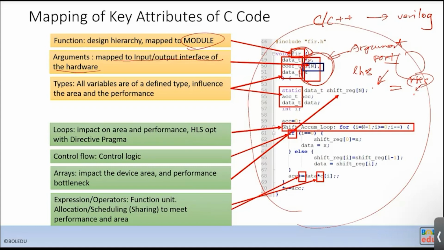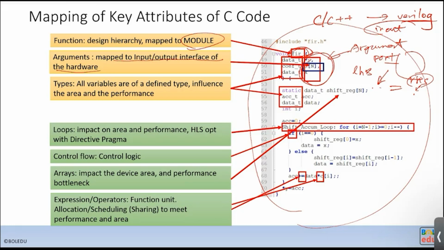If I use it on both the right-hand side and left-hand side, then it will create two ports, one input port and one output port. We know Verilog supports inout, but inout is really not a good practice in design. So it will essentially be two ports, one for input, one for output.